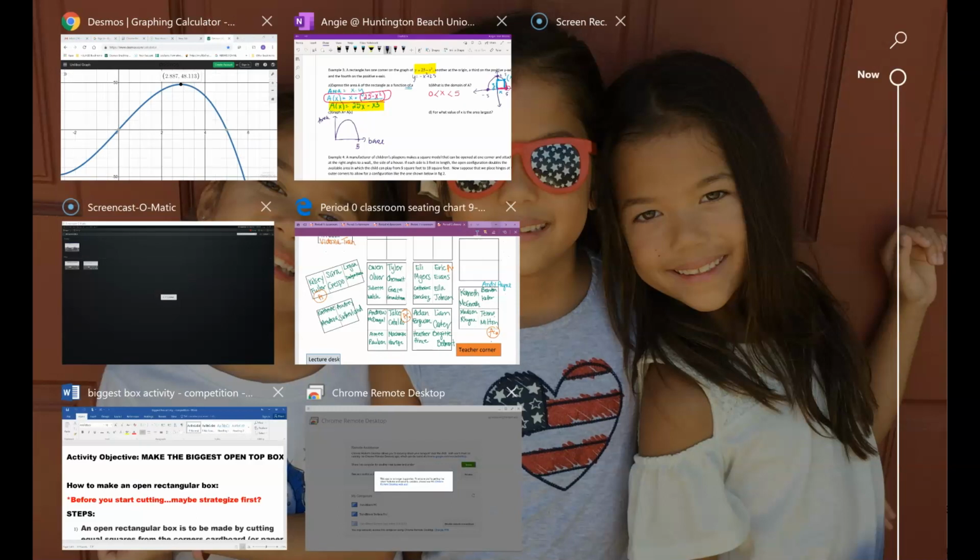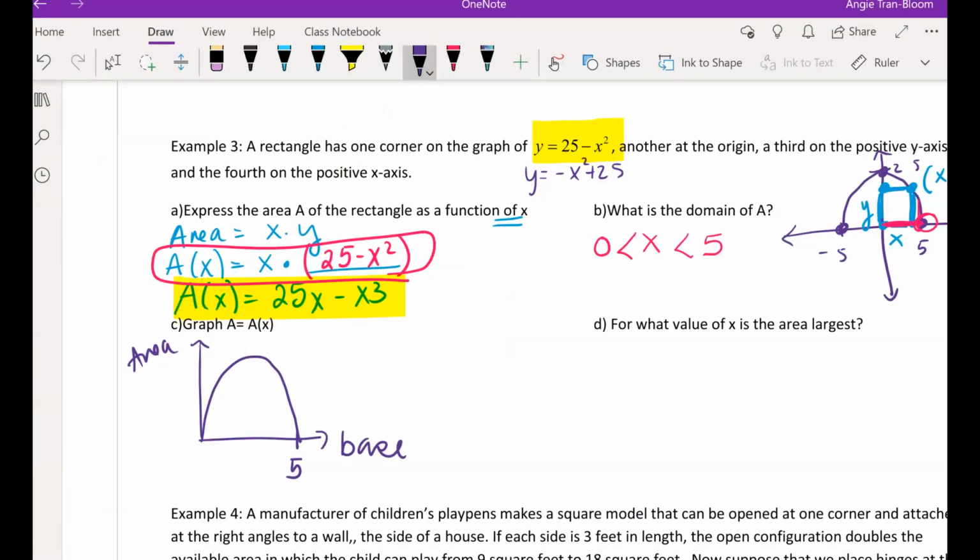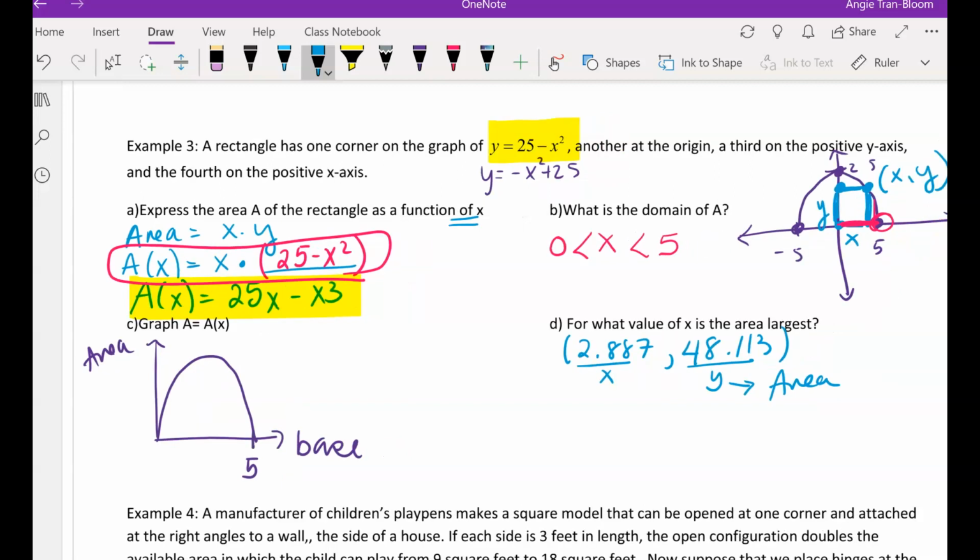Now, when you get a point from your calculator or decimals, make sure you know what it stands for. So we saw a point of 2.887, 48.113. This is the x, this is the y coordinate, but y in our application is talking about the largest area. So how do we want to write this out?